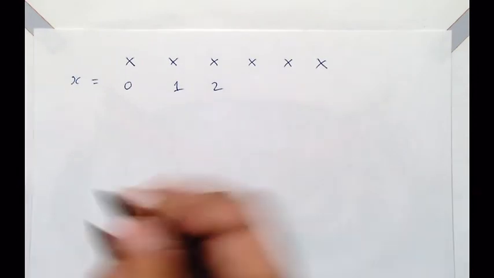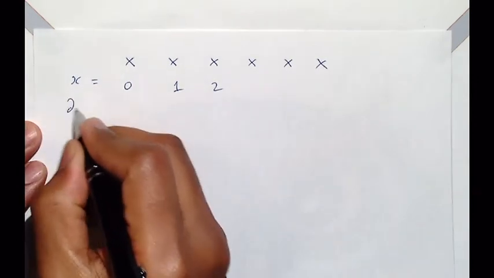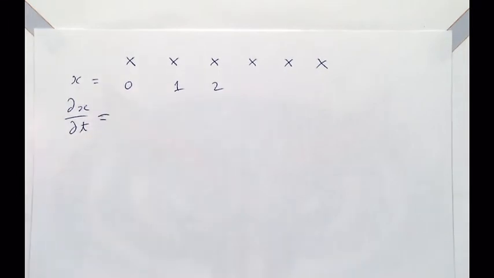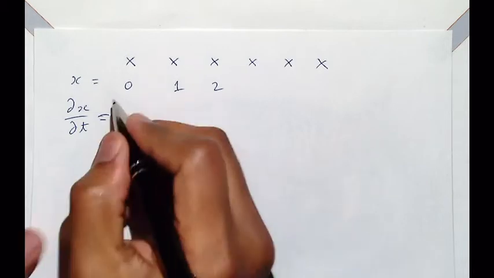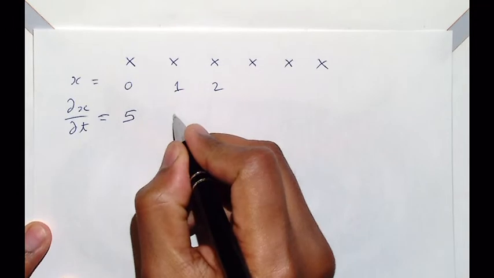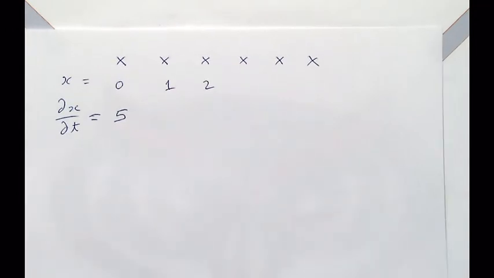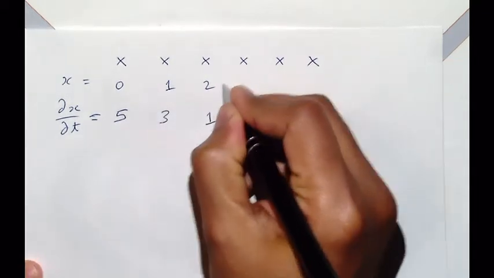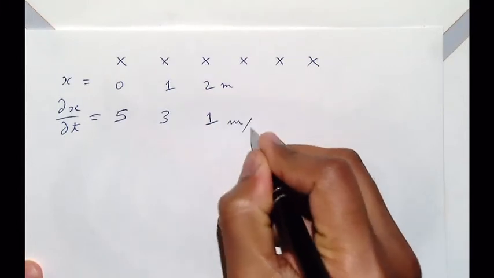And we might be given the derivative, del x by del t, which is 5, 3, and 1. So x is in meters and the derivative is in meters per second.